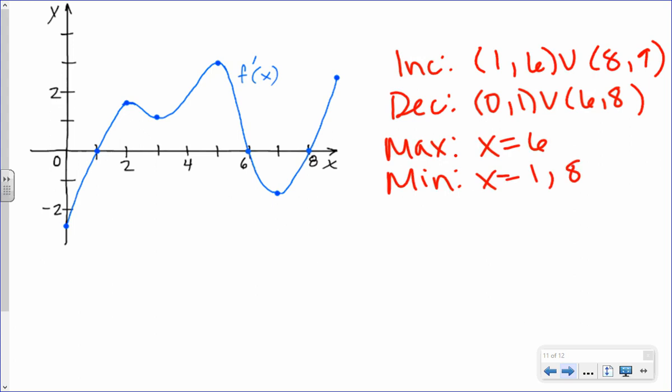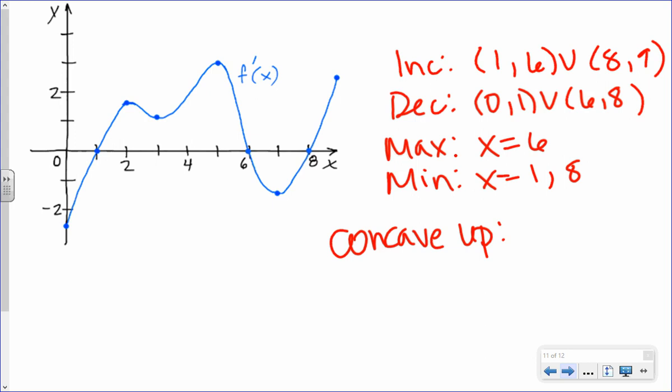Derivatives changing from positive to negative, derivatives changing from negative to positive. Now, if we want to look at concave up, we need to look at where our derivative is doing what? Increasing. If we want where our slope is increasing, well, derivative means slope, right?